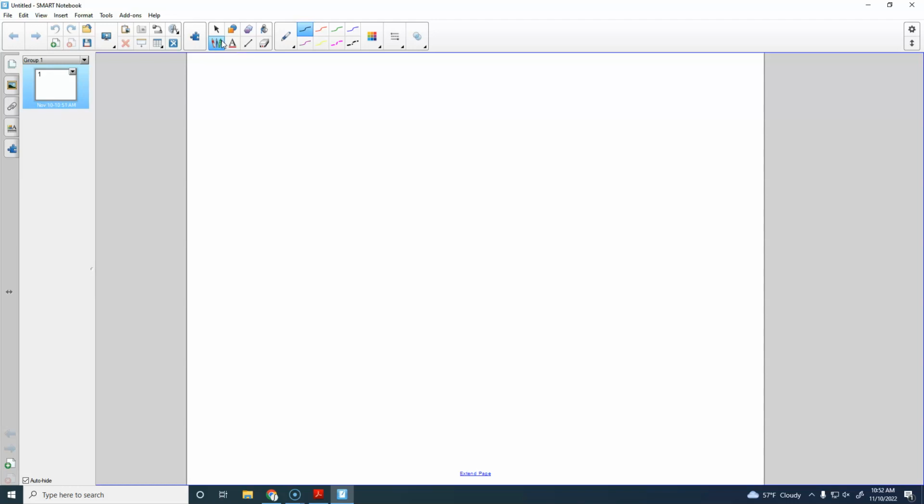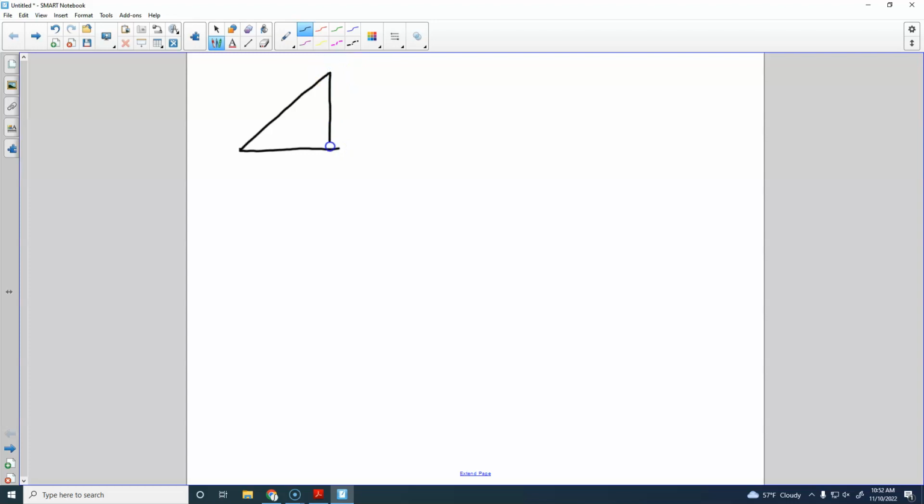Okay, so what trig is: long ago mathematicians discovered that if you have a right triangle here, and you know this angle, or any one of the other two angles, then if this angle right here was 30 degrees, this opposite side over the adjacent side always equaled the same thing, whether it was a teeny tiny triangle or a great big huge triangle.